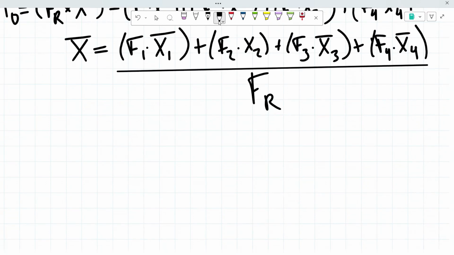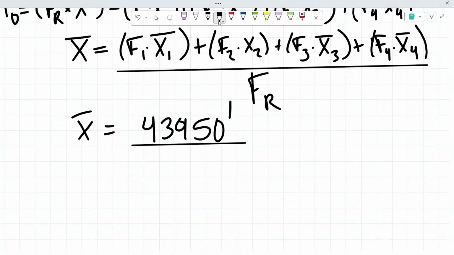So for our top part, we should end up getting 43,950 foot-pounds, all over our resultant force, which is 3,900 pounds.